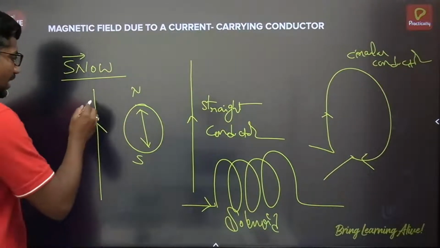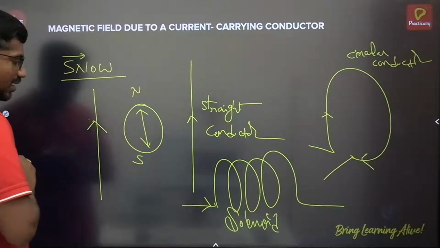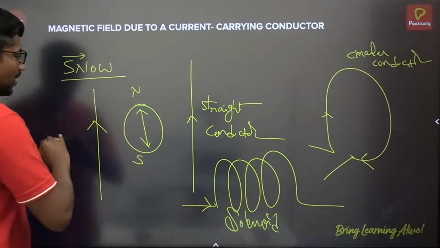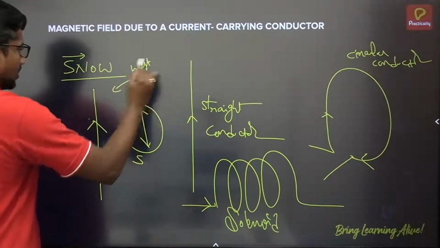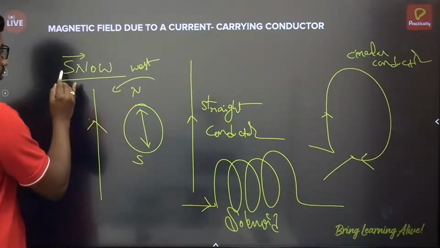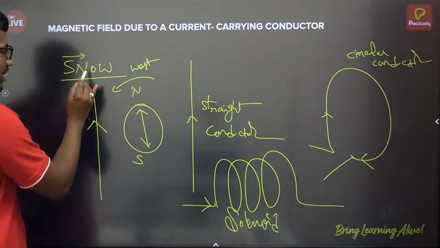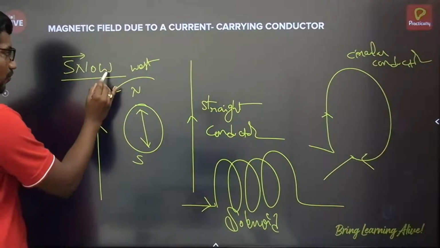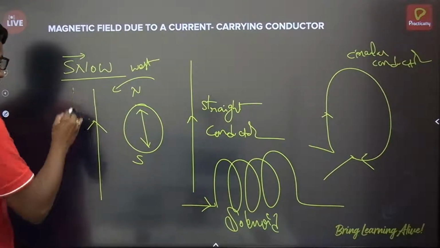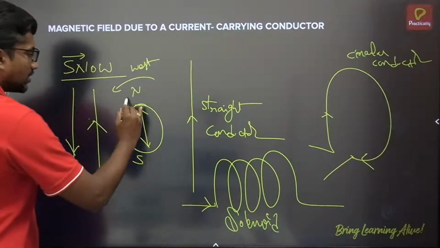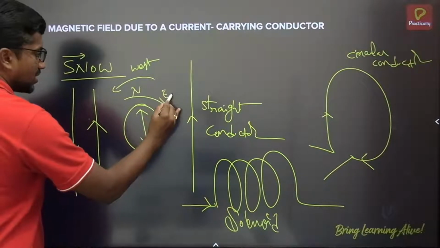If the compass is held over the wire, then the deflection of the needle will be towards west. Current flows from south to north, and if it is held over the wire, the deflection of the needle will be towards west. And if the current goes in the reverse direction, then the deflection of the needle will be towards east.